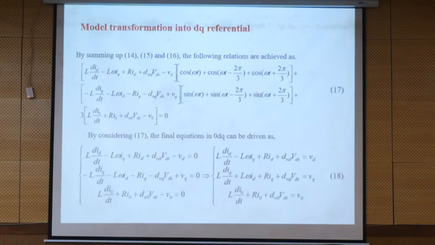By summing this, you can see that at the end we have L dId/dt minus L omega Iq plus R Id plus dN dV dc minus Vd times 2 cosine omega t minus 2 pi over 3 plus cosine omega t plus 2 pi over 3.